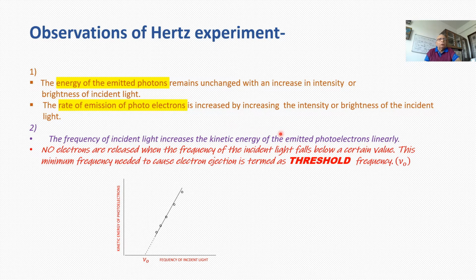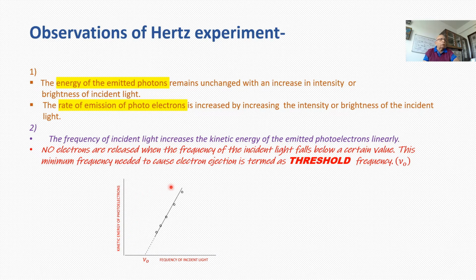When we plot a graph of the frequency of the incident light and the kinetic energy of the photoelectrons, photoelectrons, as I have already told you, are the electrons which are released from the surface of a metal.